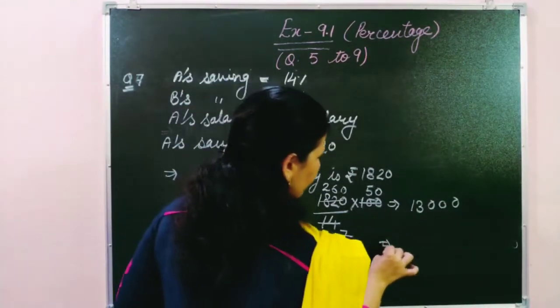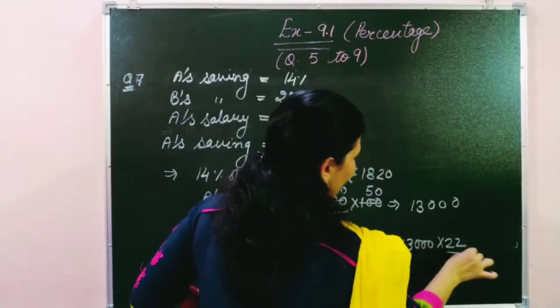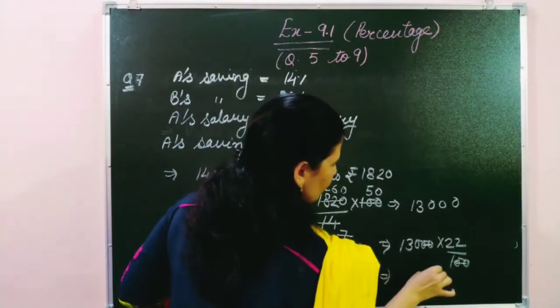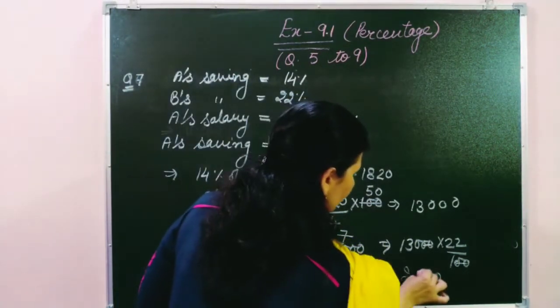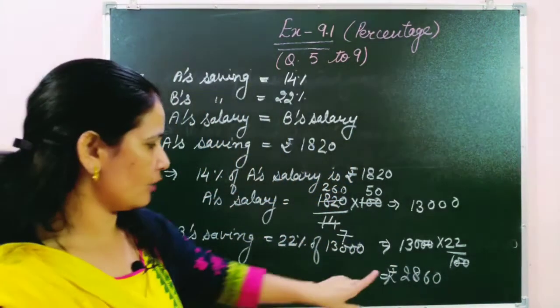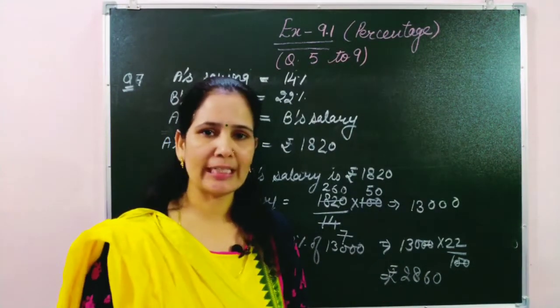So here we will write 13,000 multiplied by 22 and divided by 100. 2 0 cancel by 2 0, 0, 13 2s are 26, 2 26 plus 2 is 28. So how much amount is saved by B? That is rupees 2,860.